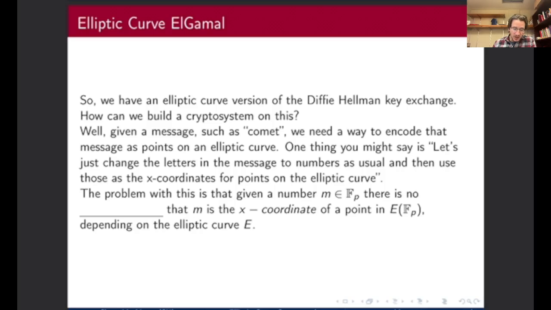elliptic curves? So let's say Alice and Bob want to communicate, and Bob wants to send the message comment, for instance. How does he encode that? When we were doing stuff just mod P, the very first thing we needed to do was encode a message using numbers from FP.